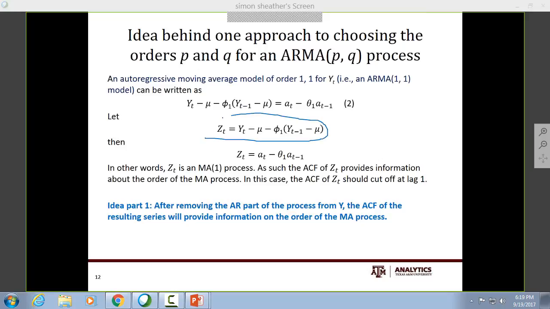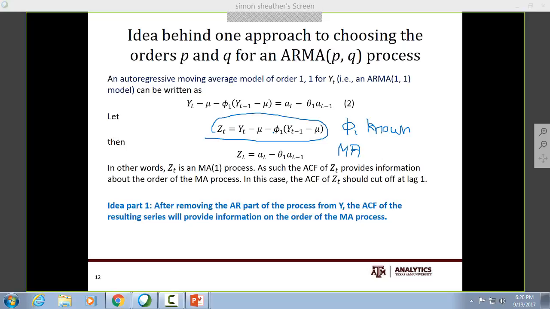So Z of T is like an AR piece. If we knew the right-hand side, if we knew phi 1, then we can produce an MA process. If phi 1 was known, then we can calculate Z_t, and we have an MA process.